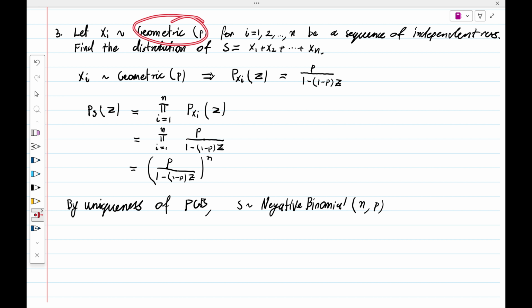Sum n times the number of failures before one success, and you'll get the total number of failures before you have n successes.